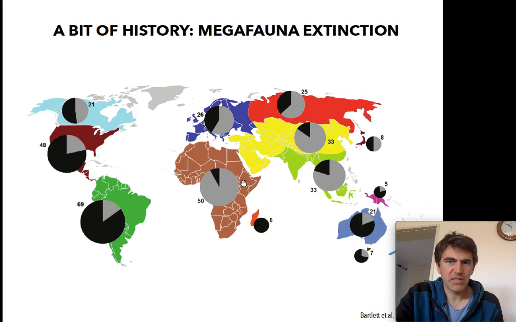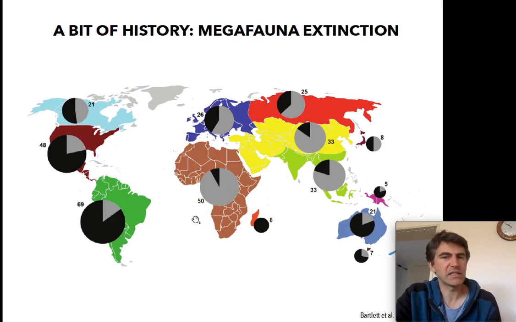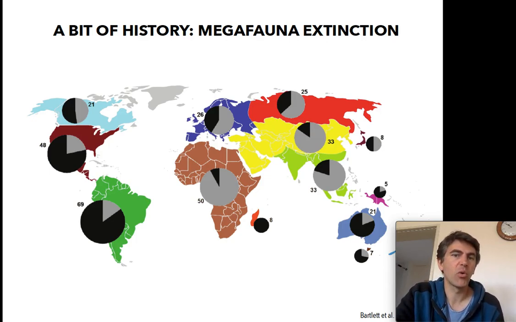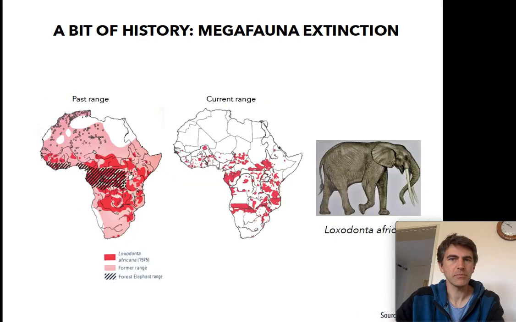What's notable is especially that Africa has a very small amount of extinctions of megafauna so far, of actual full extinctions, and people think this is because of the long co-evolution of humans with large animals in this part of the world.